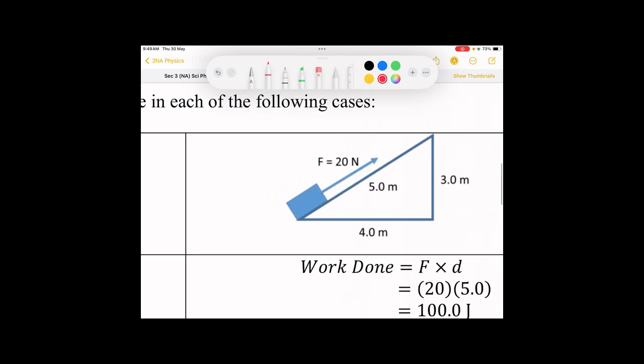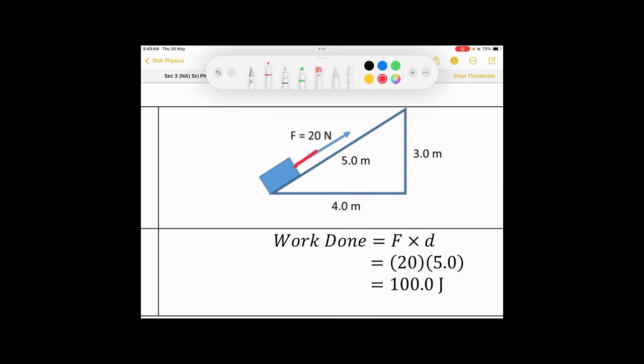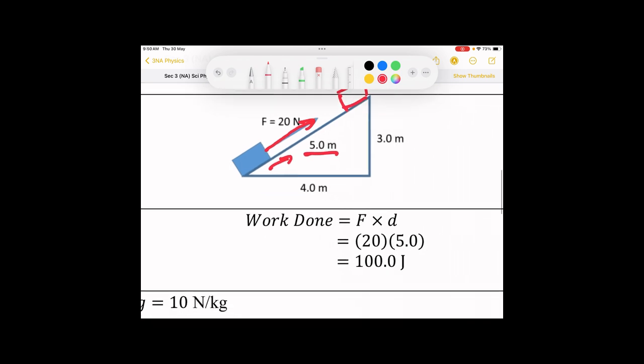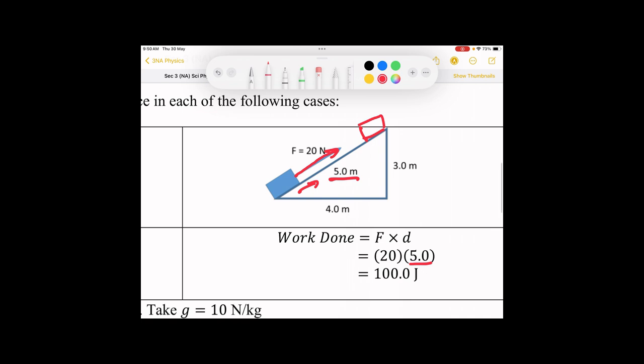In this case, the force is applied in the same direction as the slope. The object is going to move in the same direction, a distance of 5 meters, as it approaches the top of the ramp or slope. So the work done in this case, we take the 5 meters instead of the 3 meters or 4 meters, because the object would have moved a total of 5 meters.